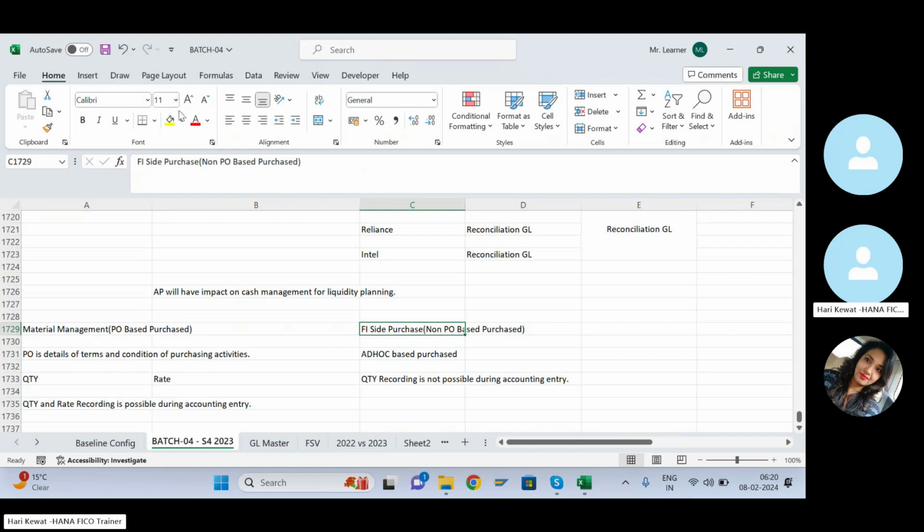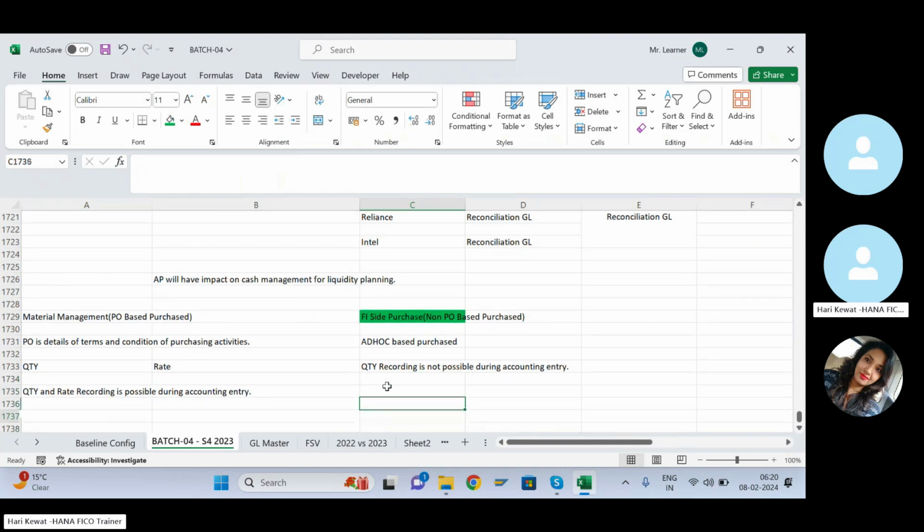And another thing, on the finance side, before posting the invoice, before finalizing in which GL or in which cost center you are going to post, you should take the approval. Generally in non-PO based invoices or FI side purchases, we always go for approval. When we get the invoice from the vendor, we don't immediately enter the accounting entry in SAP. We take the approval for the cost center in which we have to book the amount.